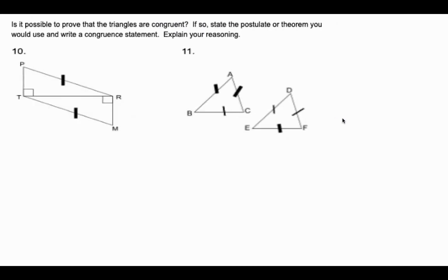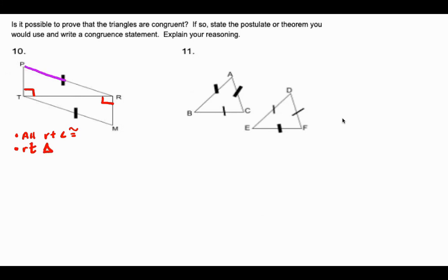Last set of examples for this set. When we look at our information that we are given, we have a set of right angles. So we can either use the fact that all right angles are congruent. We can also use this to say that we have a right triangle.